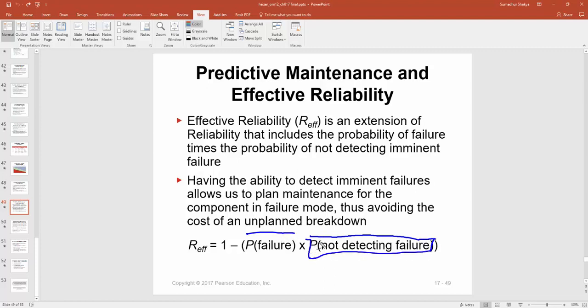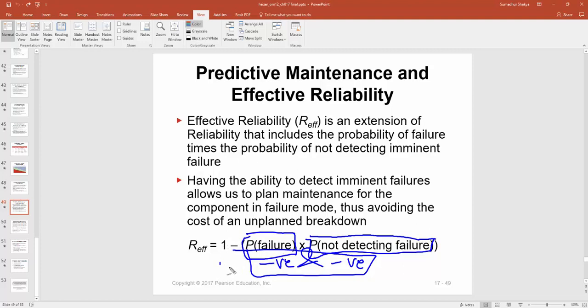If it failed when you did detect it, then you will probably be okay, because you would have made some backup plans around it. So this is in a way negative: the probability of failure times the probability of us not detecting that failure. If you combine this probability and subtract that from 1, that's your effective reliability. So this is failure; if you subtract that from 1, that gives you the opposite of failure, which is reliability.